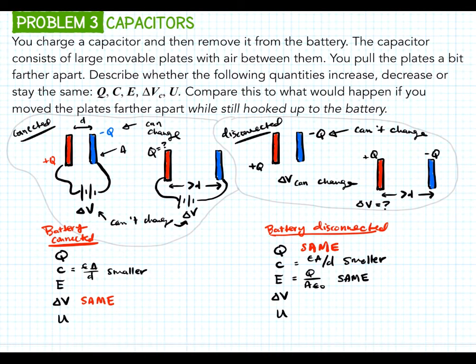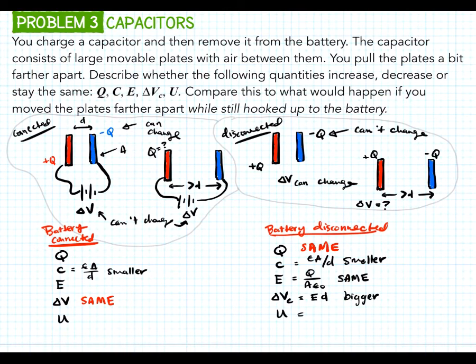Okay, then we want to think about delta V. Now delta V does depend on d, and remember, delta V is Ed for a parallel plate capacitor. So because of that, since we know that d got bigger and E stayed the same, this is going to have to get bigger.